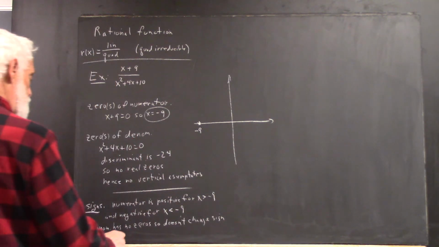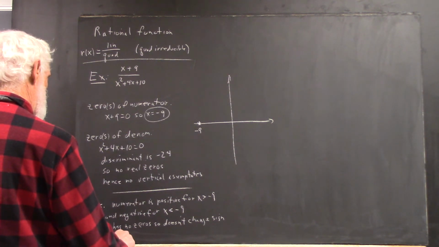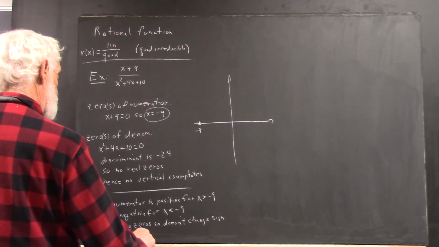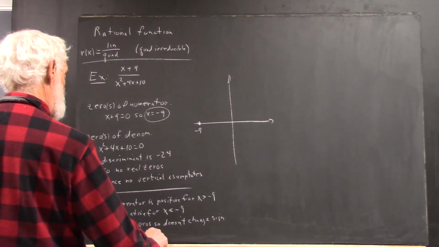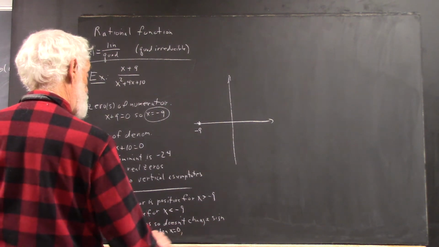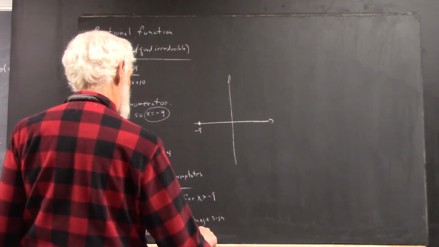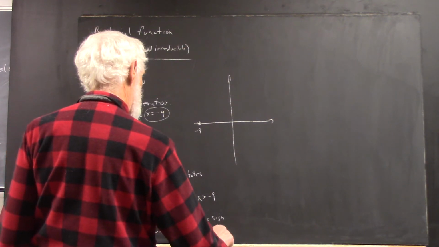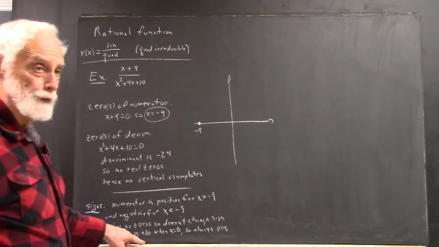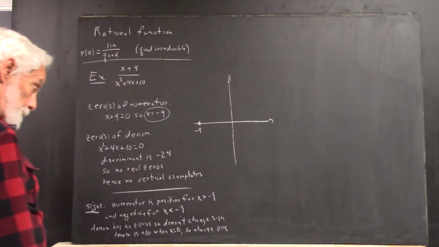Okay? The denominator is +10 when x equals 0. So since it is positive someplace, and never changes sign, it's always positive.